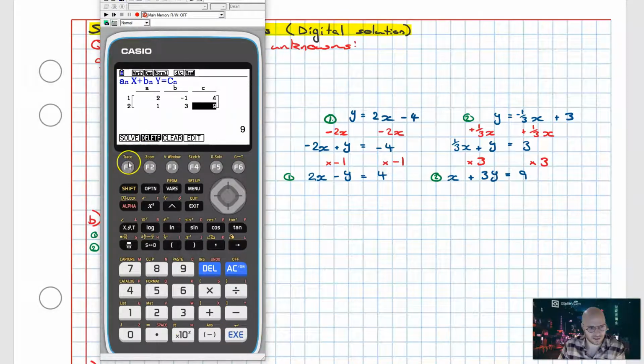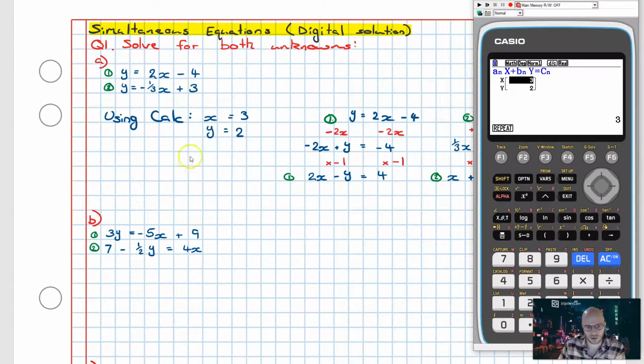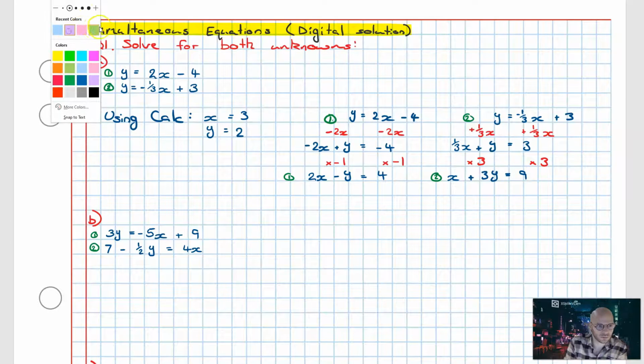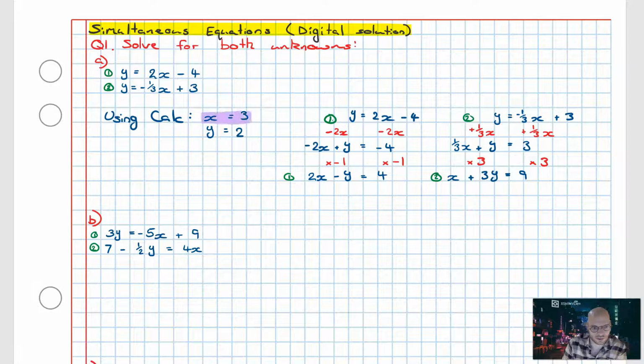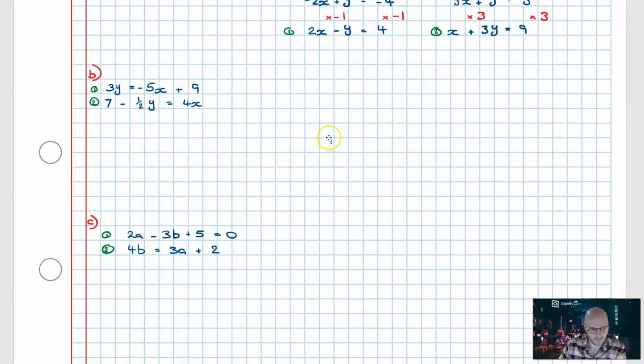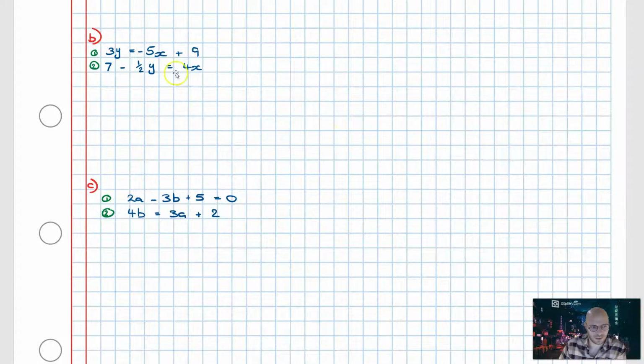I'm going to go down to F1 and press solve. And what you can see is x is indeed equal to 3, and y is indeed equal to 2. So the solution holds up that we got over here. So this is two ways you can use to be able to solve simultaneous equations. Now, moving down, we have b over here. Now we're going to go two ways of solving this.